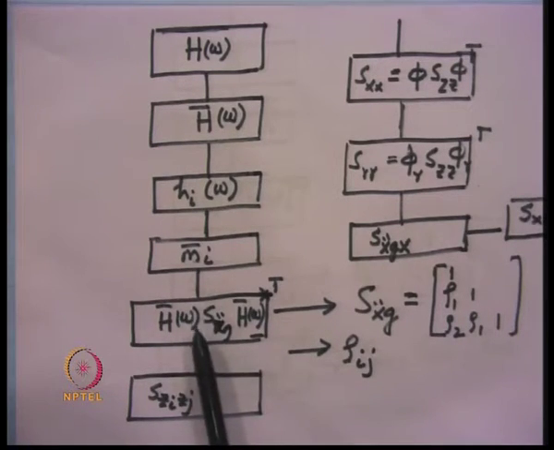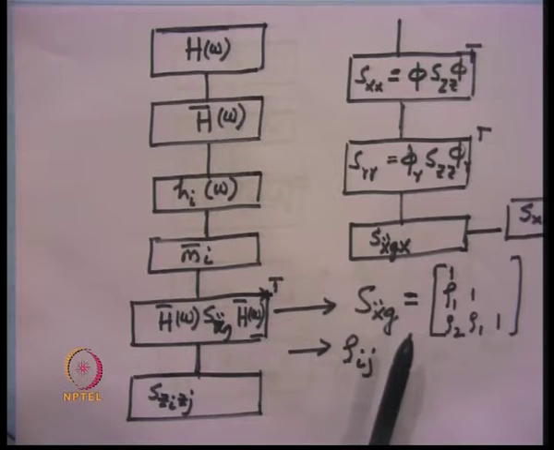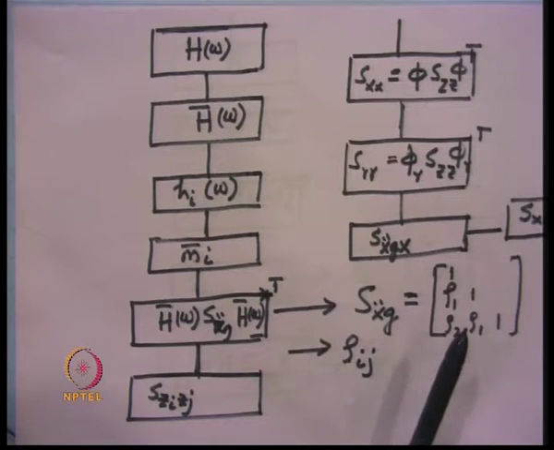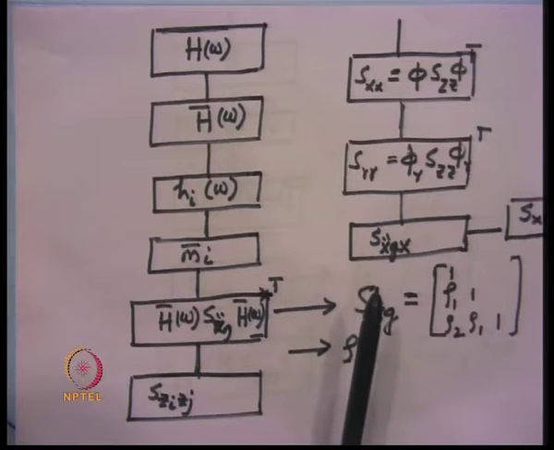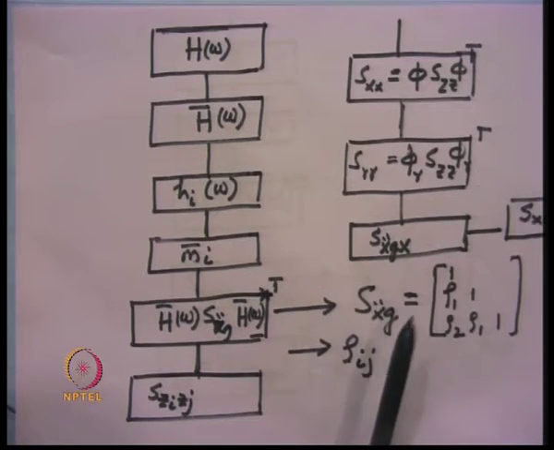Sx double dot G matrix is constructed with the help of the given power spectral density function of the ground motion and the coherence functions from which we obtain rho 1, rho 2 etc., and that is how Sx double dot G matrix is determined.